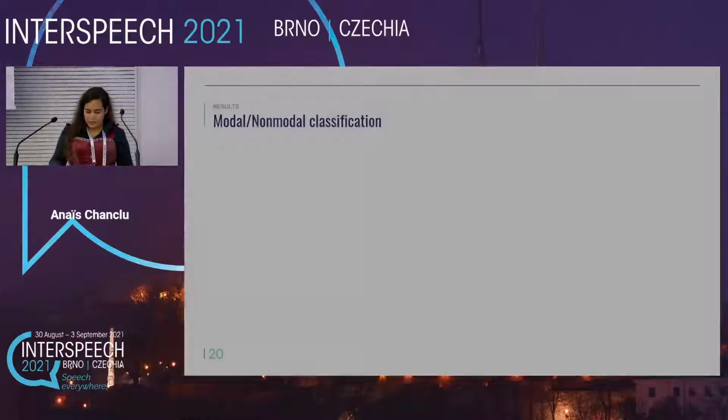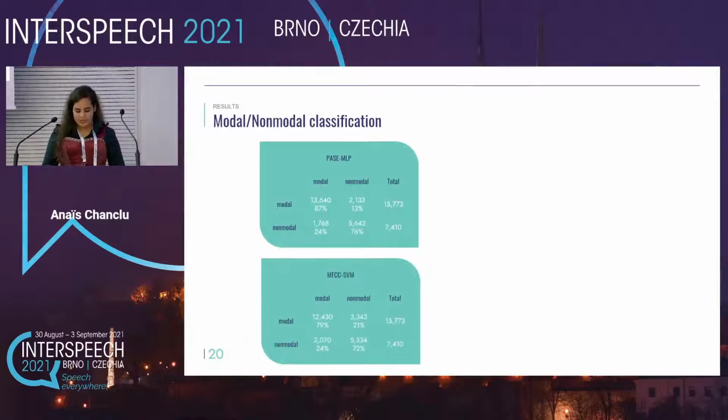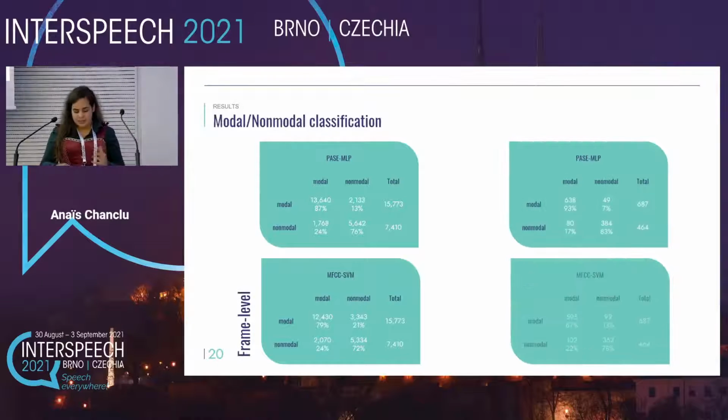So if we begin with the modal, non-modal classification, performance is presented using confusion matrices for a clearer visualization of the data imbalance in the test set.